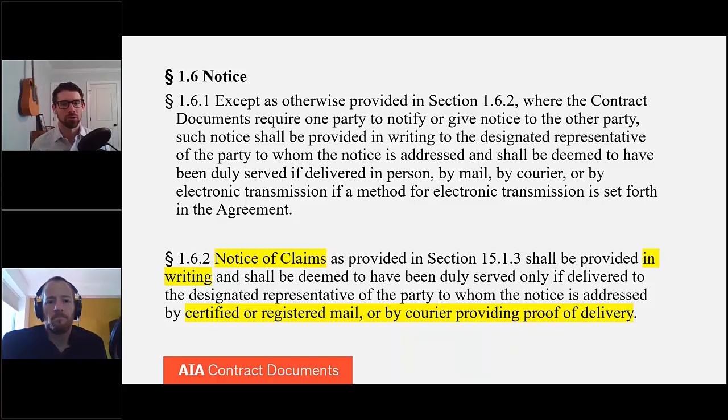So some third-party entity, either the post office or the courier, can go back and verify exactly when that document was delivered, versus in person there might be a little bit of a dispute as to when exactly it was delivered. And with the specific time frames that come into play, you definitely want to go back and know exactly when notice was required to know if you were timely or not. So that's why that distinction's there.